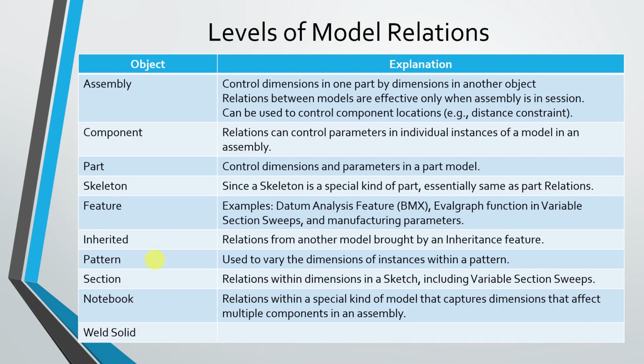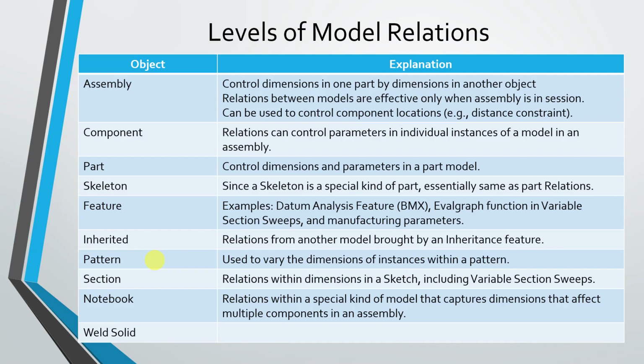You can also create relations in patterns. So for example, when you create a pattern, you might create a dimension pattern, direction pattern, axis pattern, curve pattern. There are numerous different kinds of patterns that you can create.